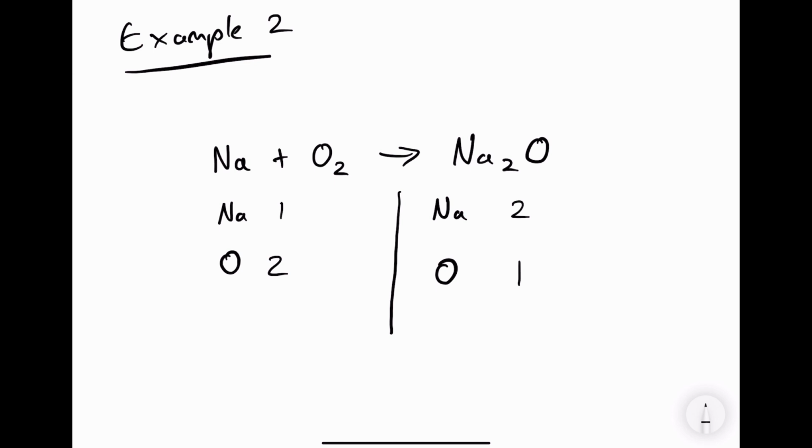So we can add a 2 in front of sodium oxide, and that will give us 2 atoms of oxygen. So now the oxygen's balanced, and we've multiplied the number of atoms of sodium by 2, so now it's 4. Now we can add a 4 in front of the sodium on the reactant side of the equation, and now we've balanced the equation.